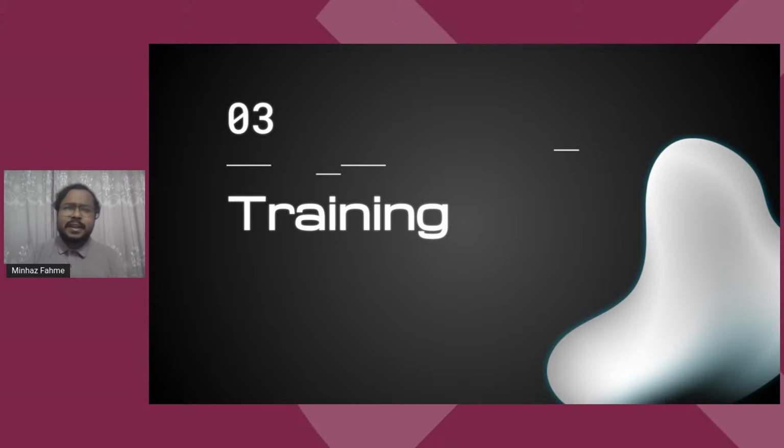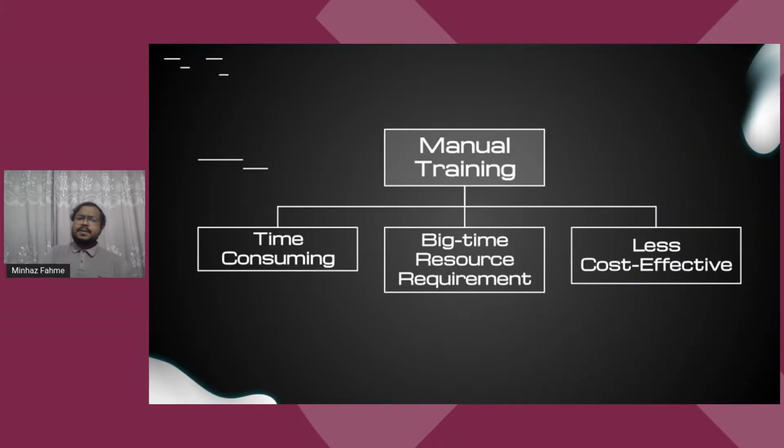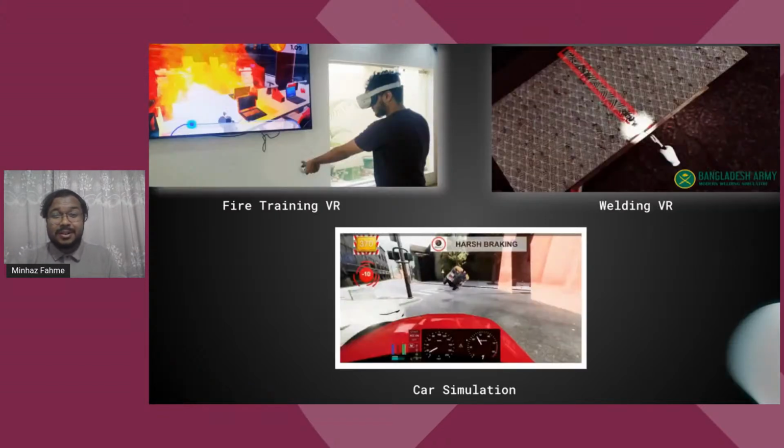In terms of training, it has been very effective for us, I'd say, because manual training is time consuming, as you all know, and it requires resources, and most of the time you cannot reuse the resources, so it becomes less cost effective. But we have been solving these issues with our VR and AR training simulations, like fire simulation training.